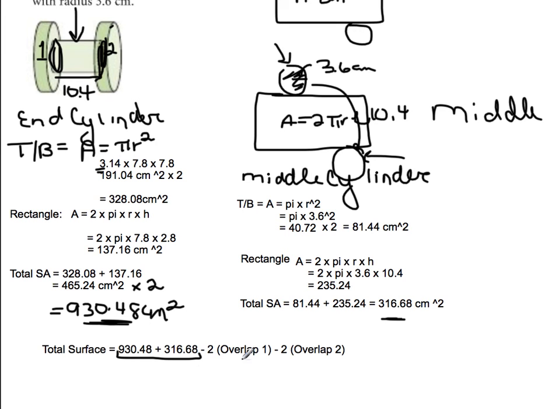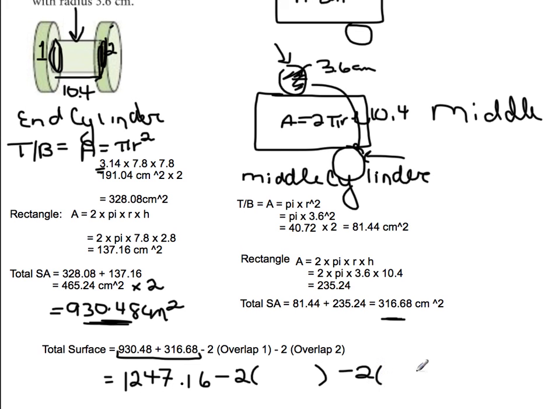I'm going to add 316.68, which I still have in my calculator, to 930.48, and I get 1247.16. Now I have to take away 2 of each of my overlaps.